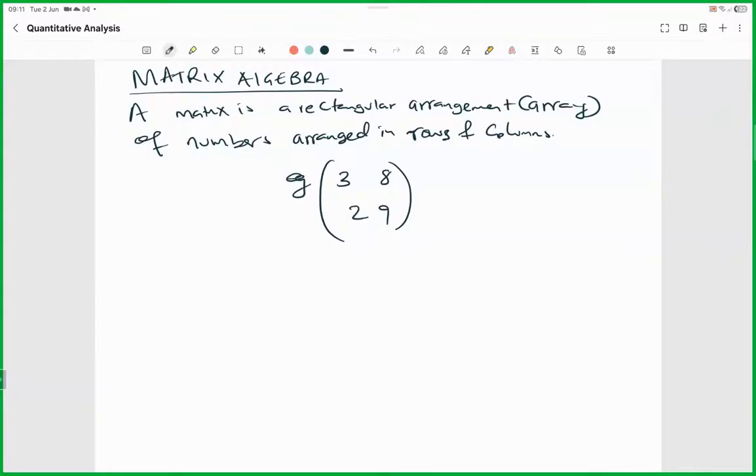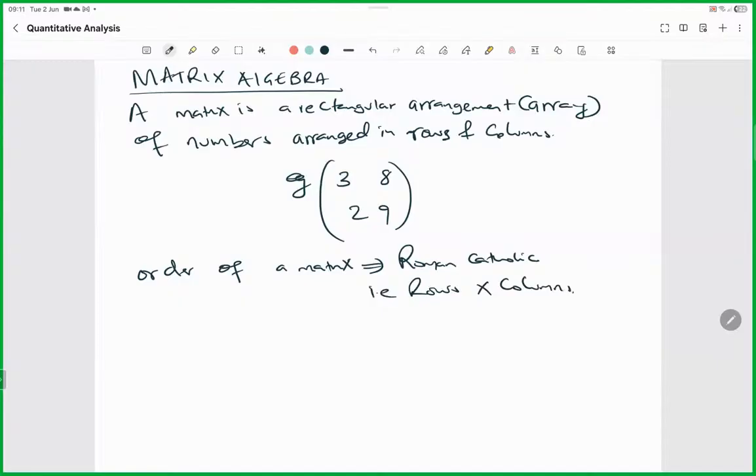Now, the order of a matrix. We normally use rows by columns.